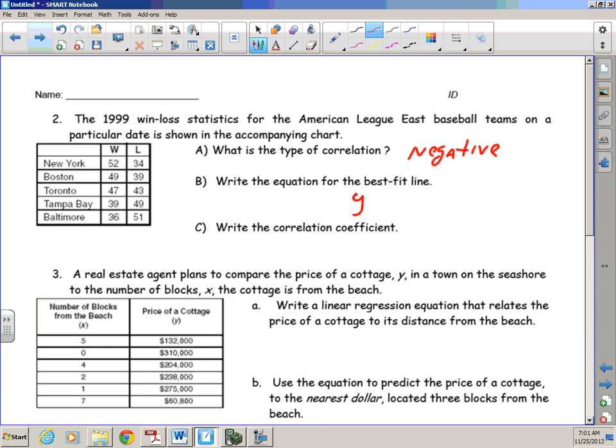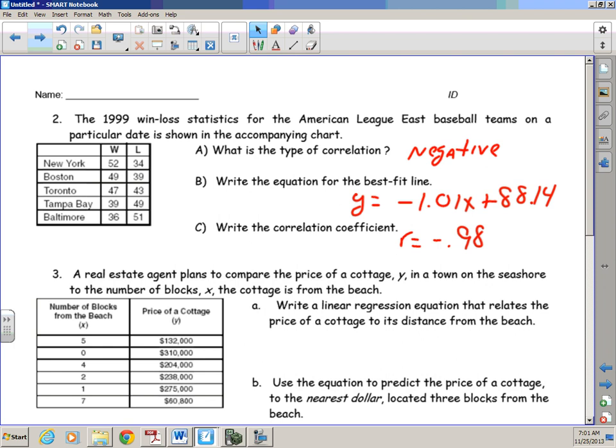The line of best fit is y equals -1.01x plus 88.14, and R is -0.98. Again, what you should notice is if it's a negative correlation, my slope should be negative and R should be negative. If that's not the case, you're making a mistake somewhere.